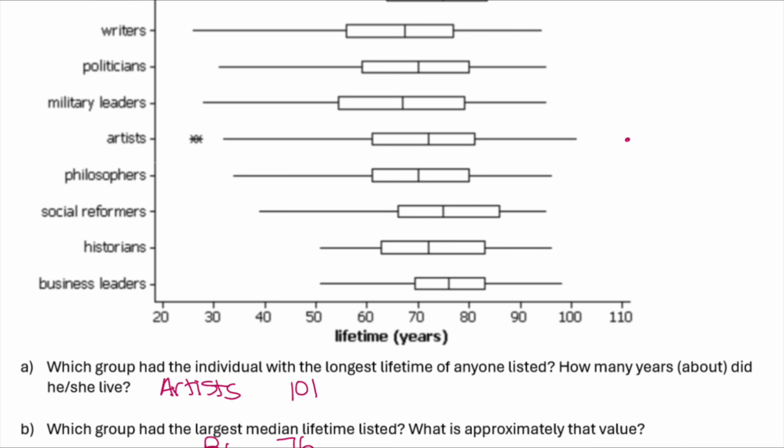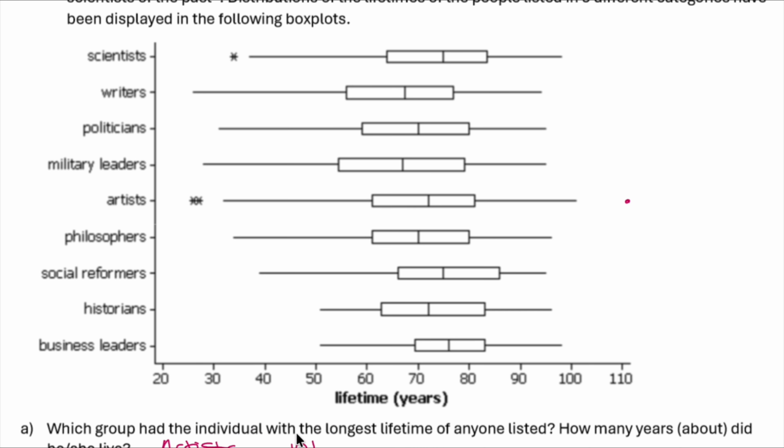Which group had the largest median lifetime listed? What is approximately that value? Well, for the median, we're going to look at the bar inside the box for each box plot, and see which one has the highest bar, corresponding with the highest value. If we take a closer look, probably business leaders have the highest bar.